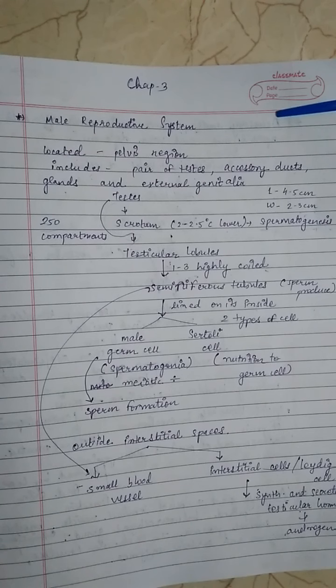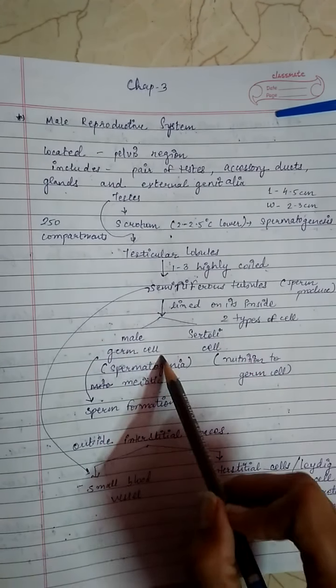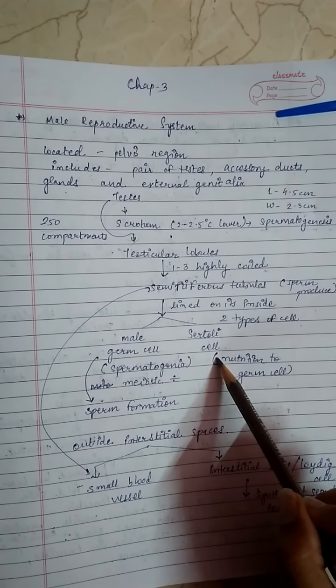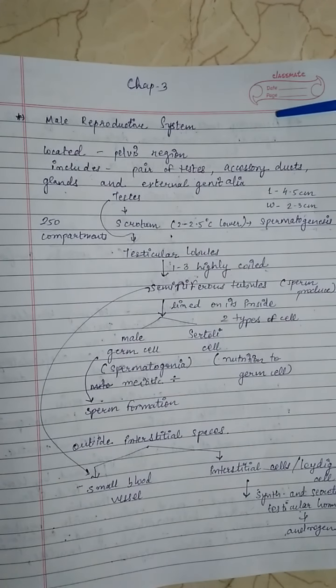The seminiferous tubules, in which sperms are produced, are lined on the inside by two types of cells. Which are the two types of cells? Male germ cells and Sertoli cells. The male germ cells undergo meiotic division which leads to sperm formation, while the Sertoli cells provide nutrition to the germ cells. The region outside the seminiferous tubules, called the interstitial space, contains small blood vessels and interstitial cells or Leydig cells.